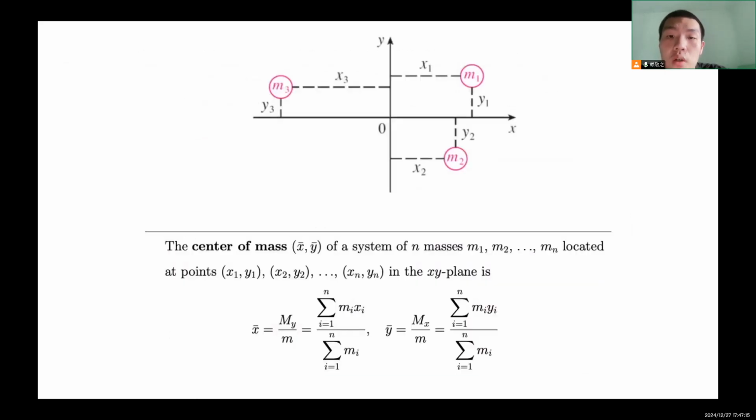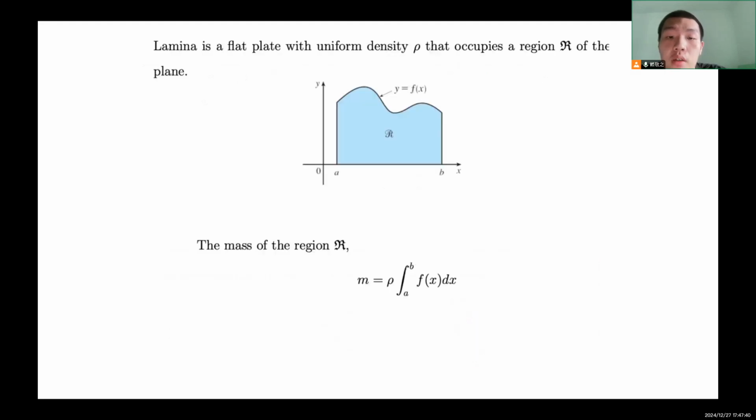But what if not all the masses are on the same line? It is almost the same. The only thing you have to do is to split the moment into 2 parts, one for the x-axis and one for the y-axis. Then you can do the same thing and get 2 results. And the point combining these results is the center of mass.